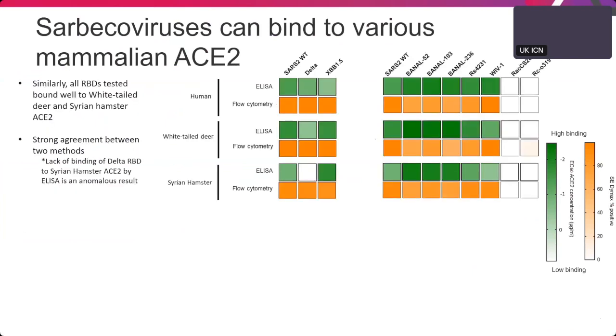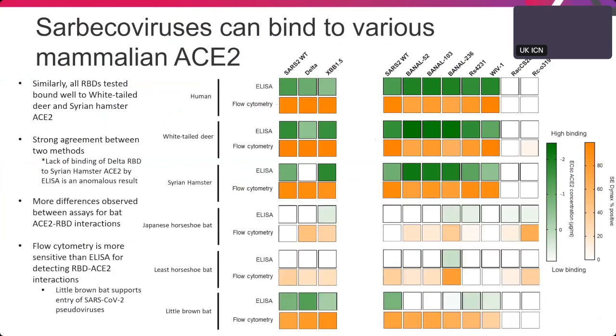Similarly, white-tailed deer and Syrian hamster ACE2s had similar binding patterns to human ACE2, except there was no binding observed for Delta RBD to Syrian hamster ACE2 by ELISA. However, we predicted that this is anomalous data, as Syrian hamster ACE2 supported binding of most of these RBDs. Rather than that specific data, we could see strong agreement between these two methods, validating our result. However, this wasn't the case for bat sarbecoviruses.